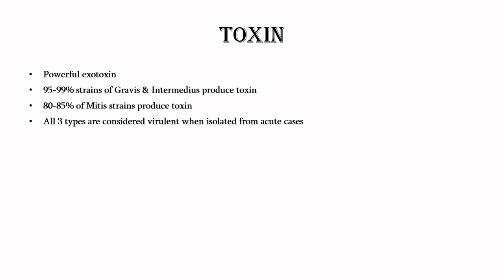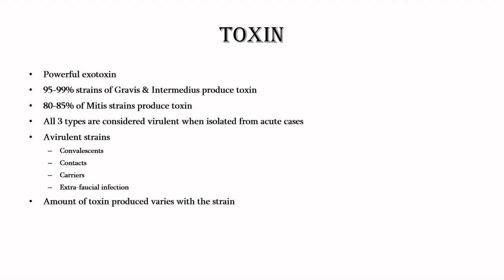When these bacteria are isolated from acute cases with proper clinical history, all three types are considered virulent strains. Avirulent strains are seen mostly in convalescent patients who are just recovering from the infection, contacts of patients or caretakers, carriers, or patients who have had an extrafacial infection.